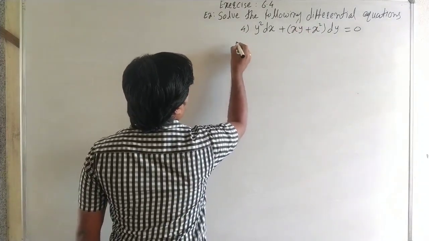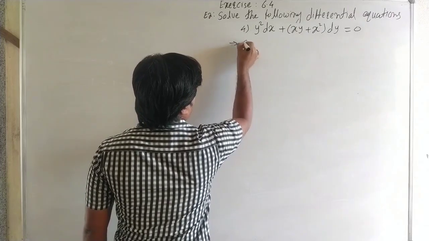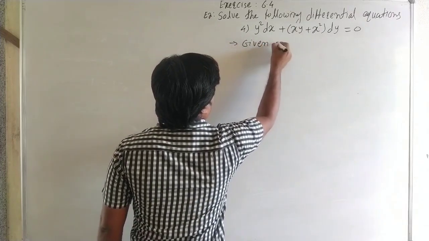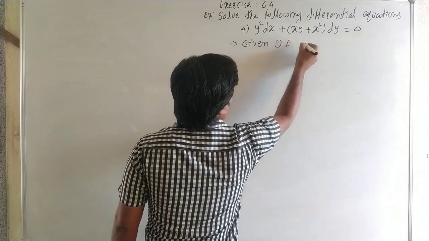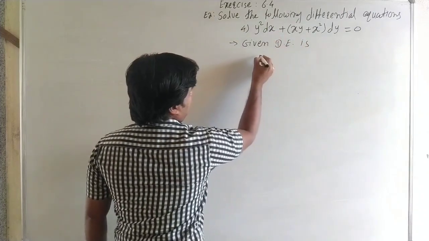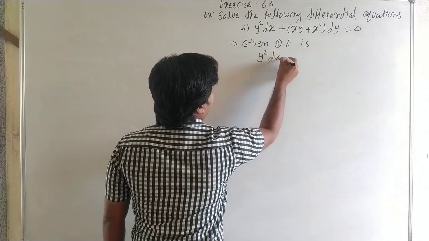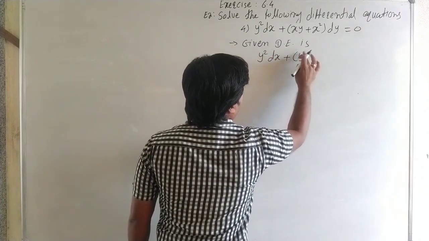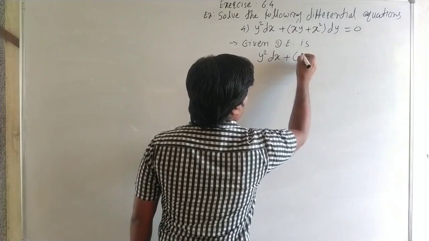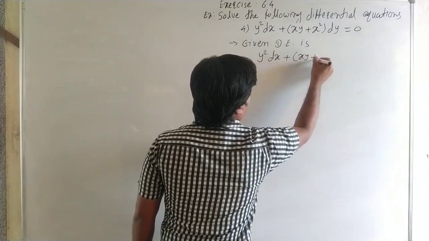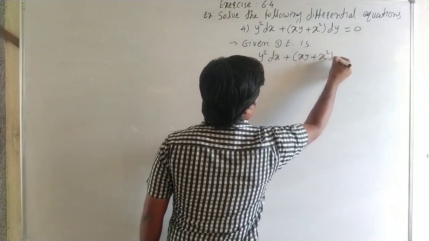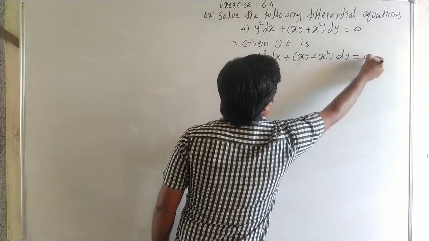Now the given differential equation. Given differential equation is this: y square dx plus xy plus x square dy is equal to 0.